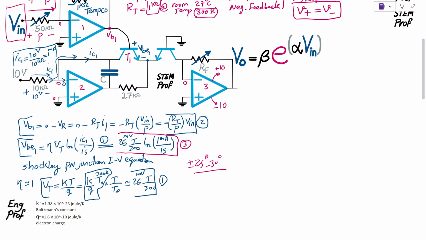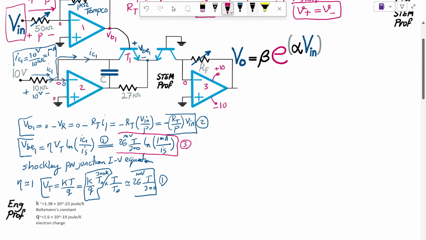So this can easily change by 1 or 2 orders of magnitude with just a few tens of degree of temperature change. So we really want to get rid of Is in this equation, and hopefully also somehow get rid of the linear temperature dependency. And that's the beauty of this circuit. So let's take a look at what is happening.